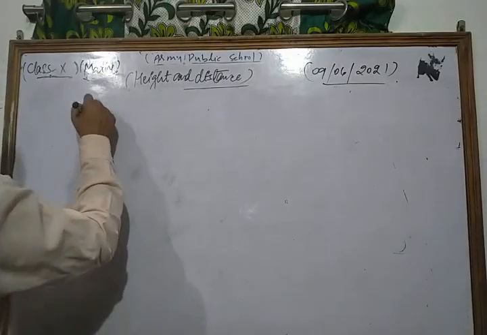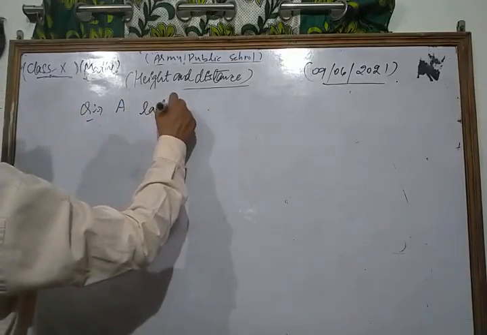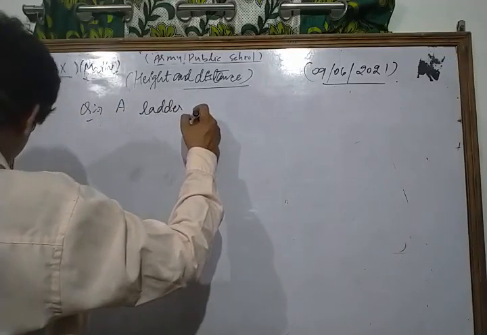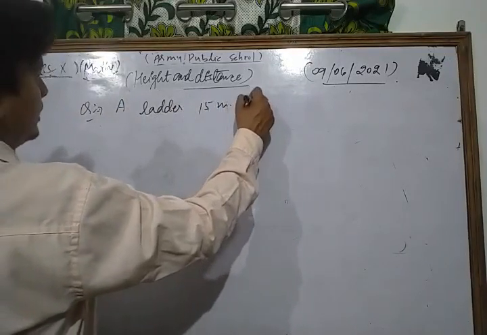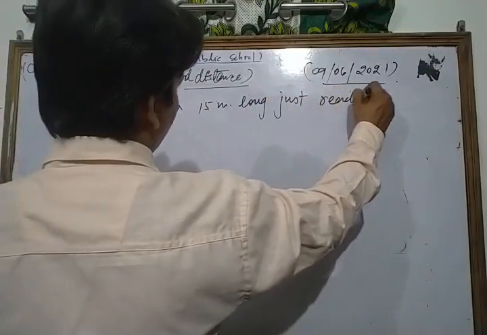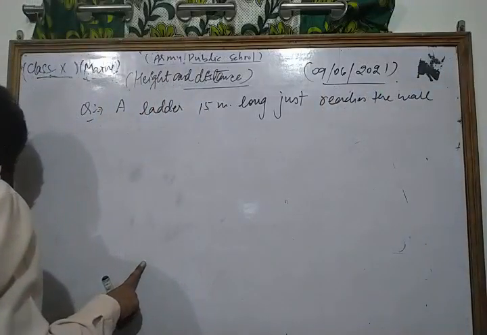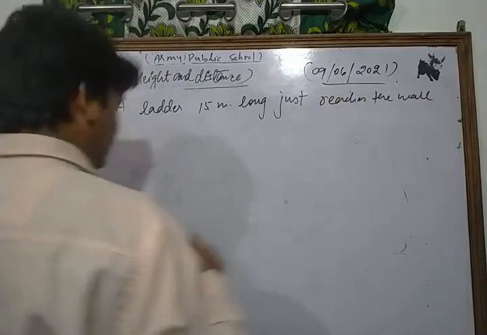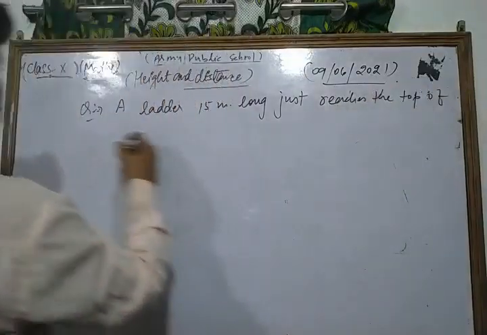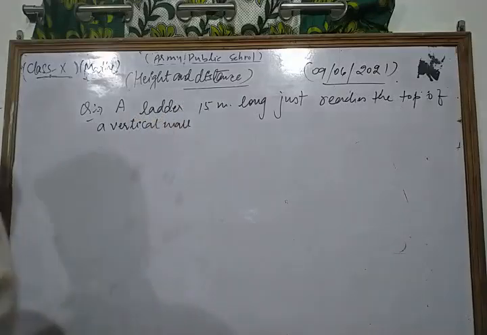The question is, a ladder 15 meters long just reaches the top of a vertical wall.